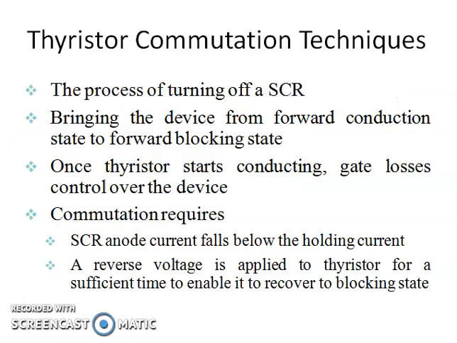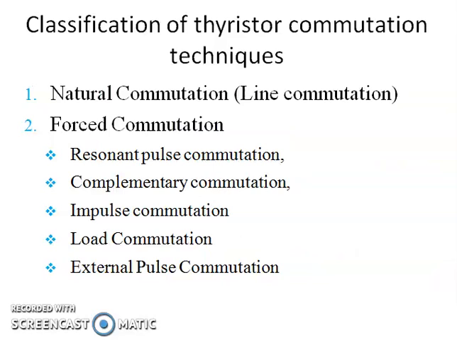Depending upon the type of external circuit used in the forced commutation method, there are different types of forced commutation: resonant pulse commutation, complementary commutation, impulse commutation, load commutation, and external pulse commutation.